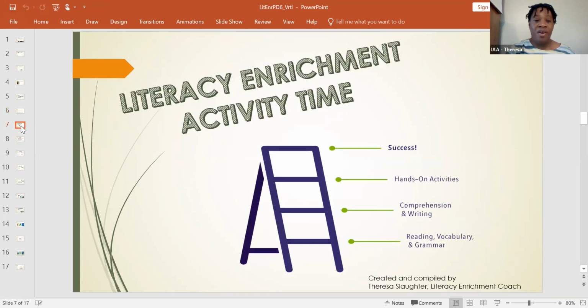Okay, moving on. Now we're actually going to get into the activities. I like this picture. If we're looking at literacy and enrichment, a lot of the activities that we do, a lot of the things that we bring into our program, if we start on that first rung, it's reading, vocabulary, and grammar, that language arts piece, pretty much.